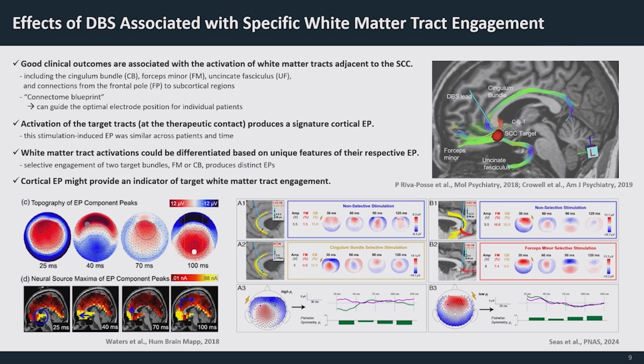A more recent paper has shown that distinct cortical EP patterns are observed depending on selectively stimulated fiber tracts, for example, selectively stimulated cingulum bundle or forceps minor. So these studies suggest the potential use of cortical EP patterns as an indicator of target white matter tract engagement. So inspired by this existing study, we started the modeling study.